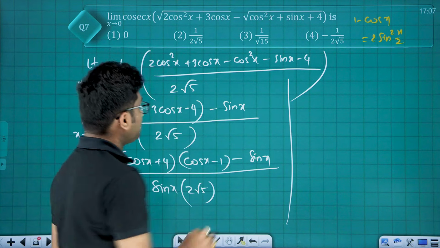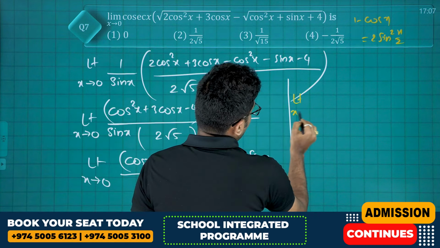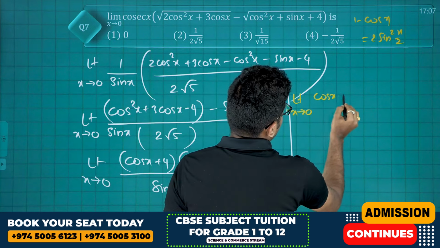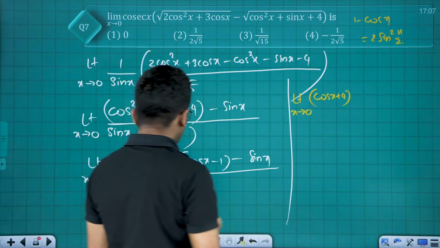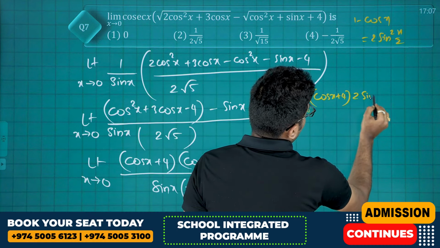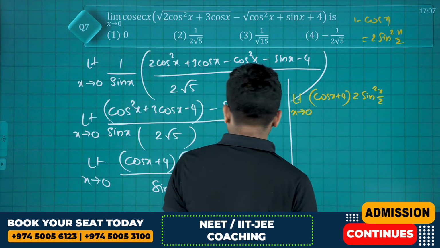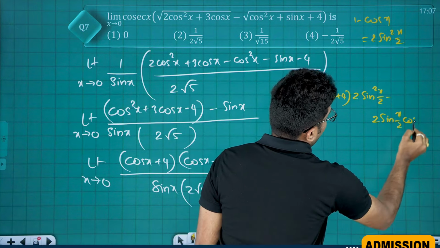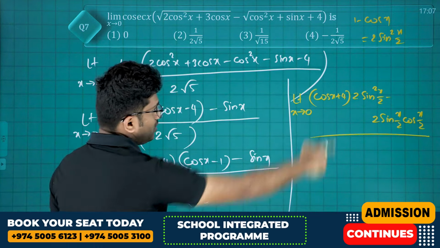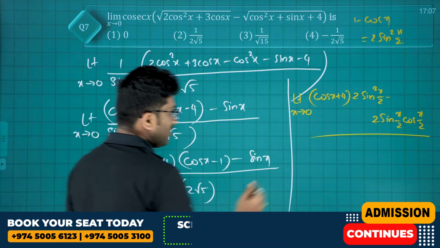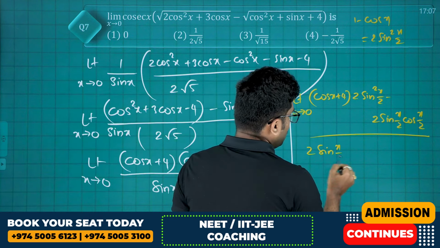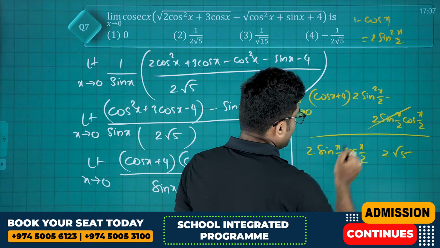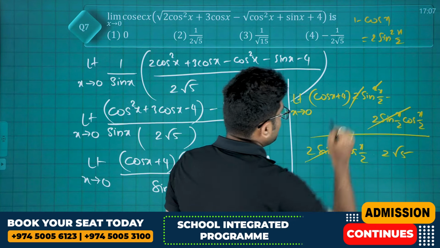So if you use that, the limit as x tends to 0 of (cos x plus 4) into (1 minus cos x, which is 2 sin square x by 2), minus sin x, which is 2 sin x by 2 cos x by 2, divided by 2 sin x by 2 cos x by 2 into 2 root 5. See, sin x by 2 is common in each term.